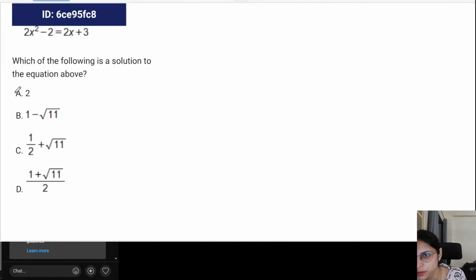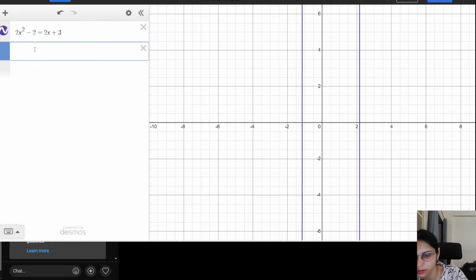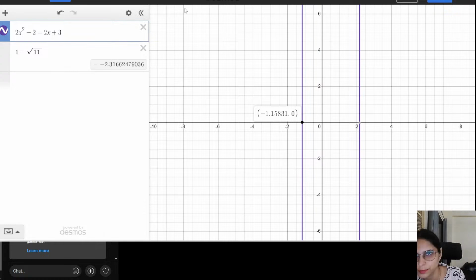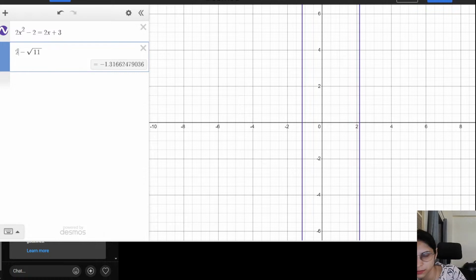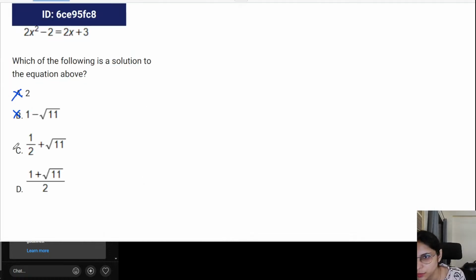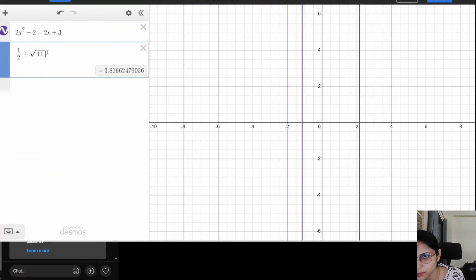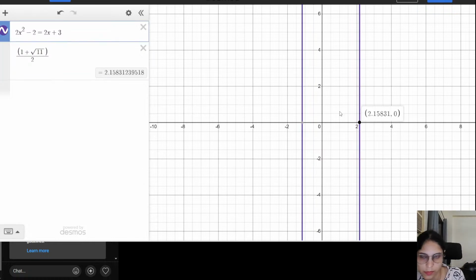So 2 is out of options. No. 1 minus square root 11 is also out of option. Half plus square root 11 is also out of option. Only thing remaining is 1 plus square root 11 over 2. Yeah, that works.